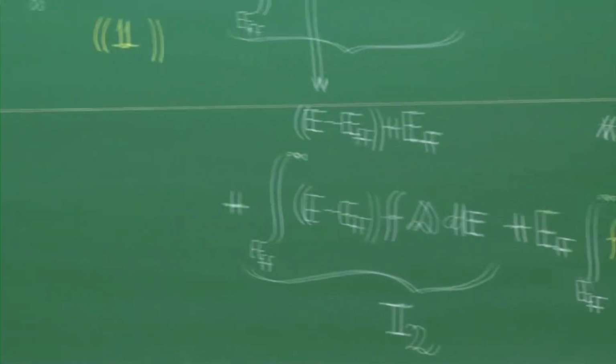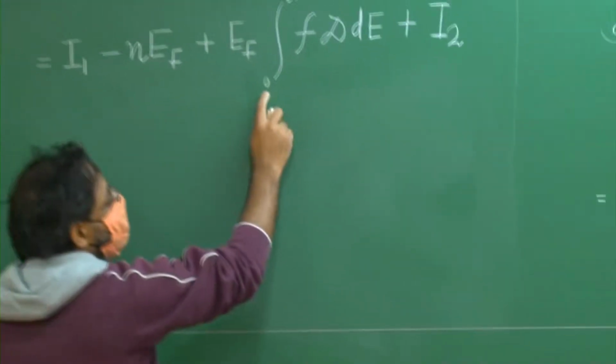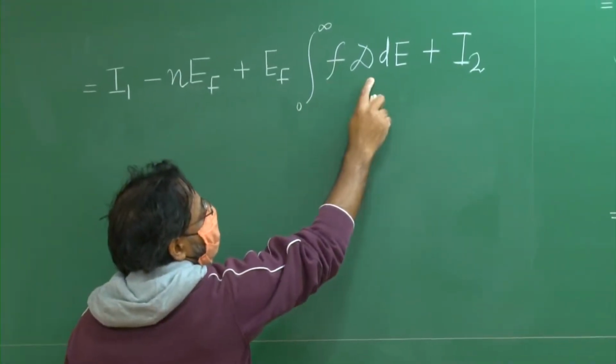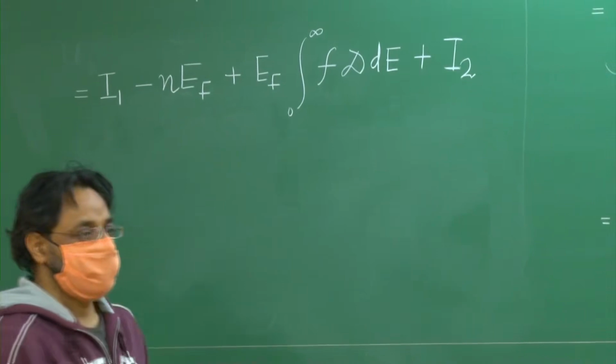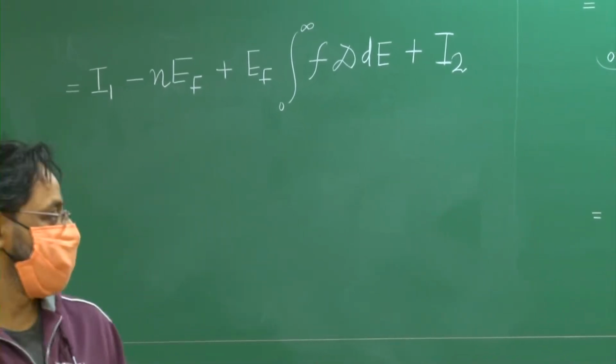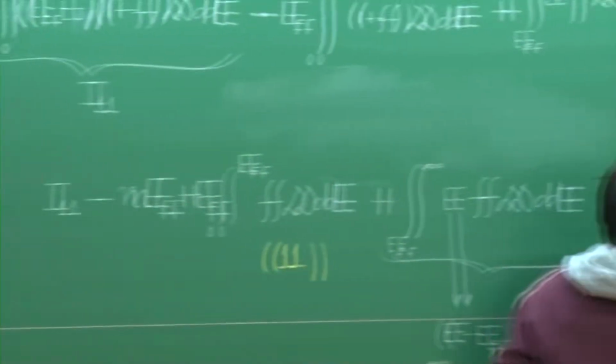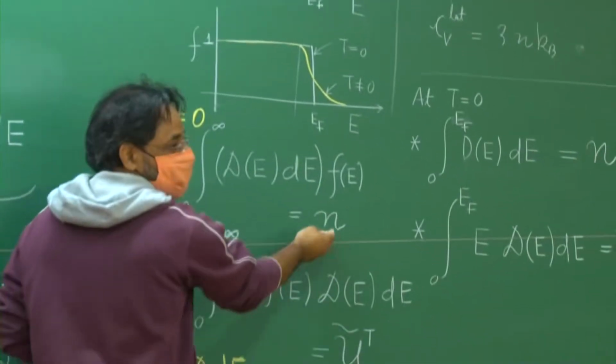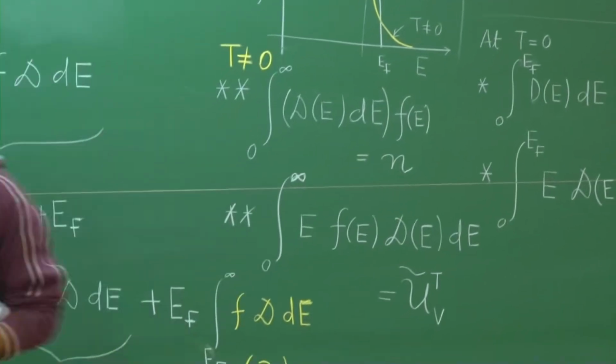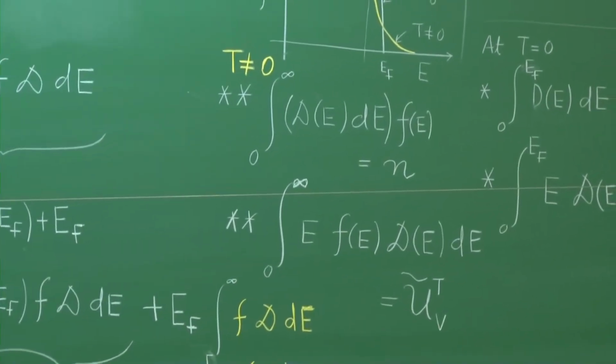Now, who will tell me what this quantity is? 0 to infinity F dD/dE is little n, right? So, this is the number of particles.